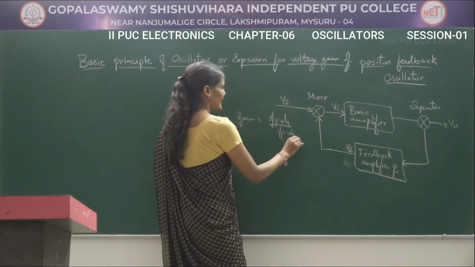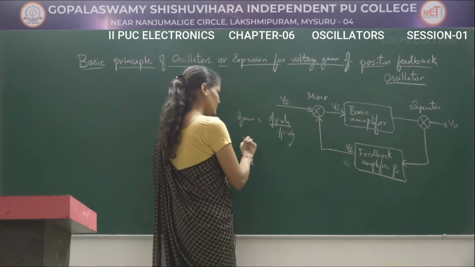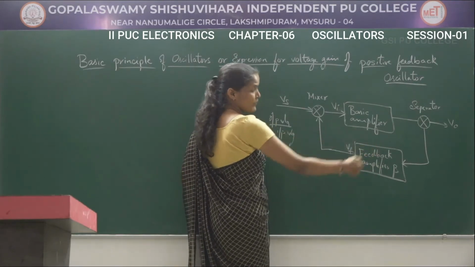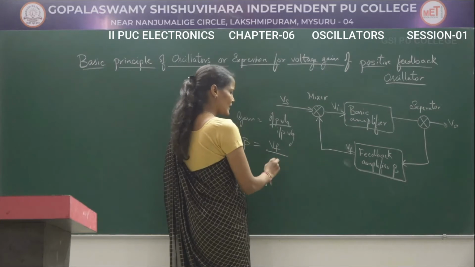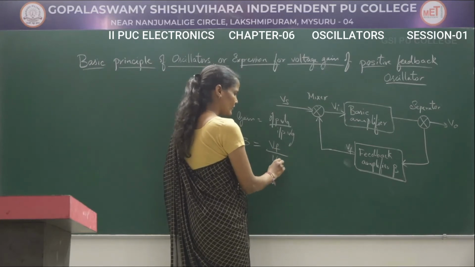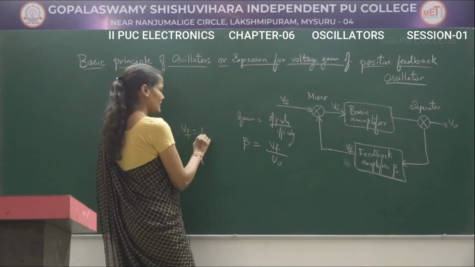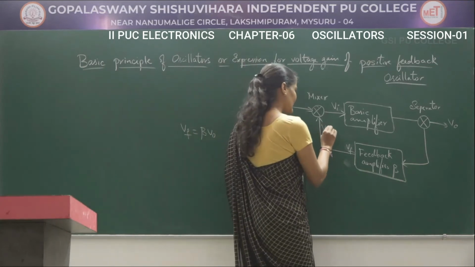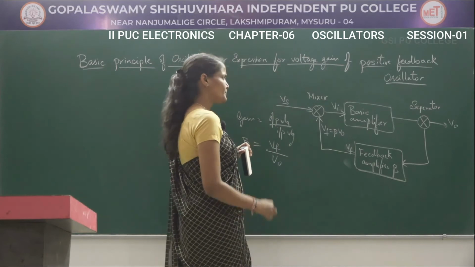So the expression for the gain of this feedback amplifier will be beta is equal to output voltage, in this case Vf, divided by input voltage, V0. So if I alter this expression, Vf is equal to beta times V0. So let us write that here, Vf is equal to beta times V0.